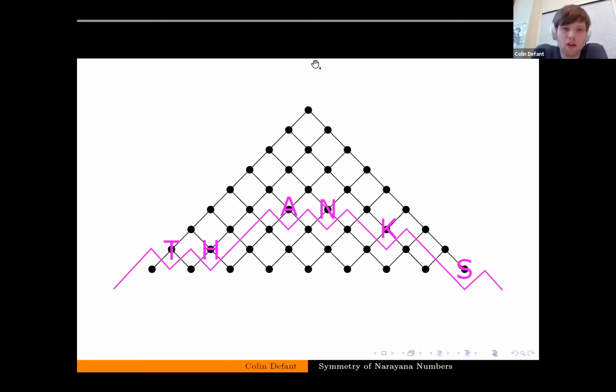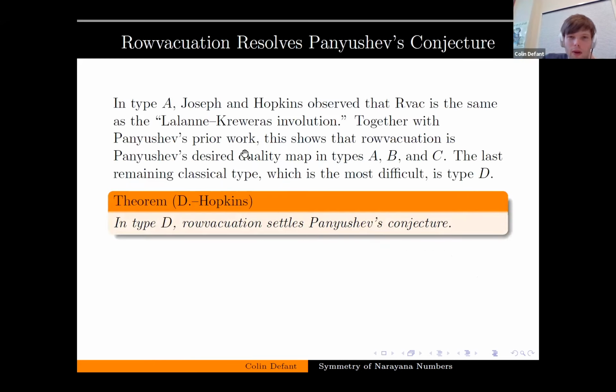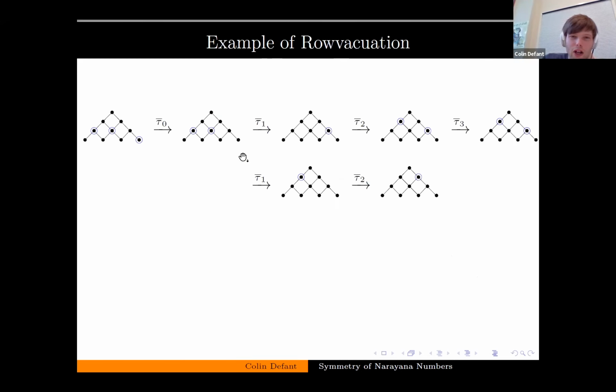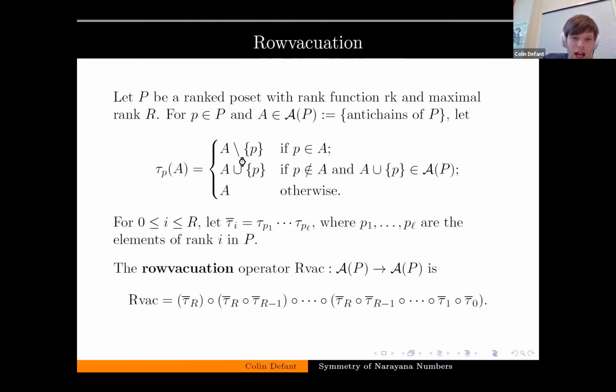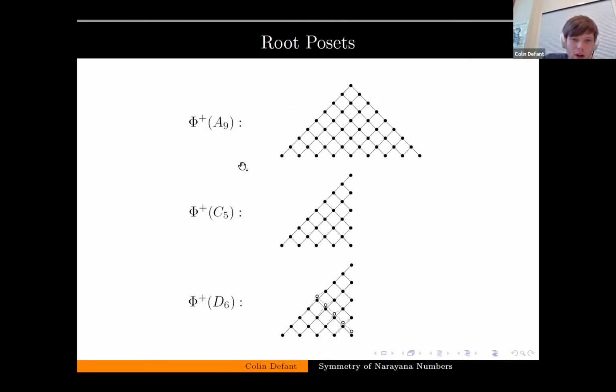Okay, so that's a good question. Just a general rule of thumb, I think, is that type D is usually harder to deal with than A and B. I don't have a very good answer other than that these extra elements are really weird.